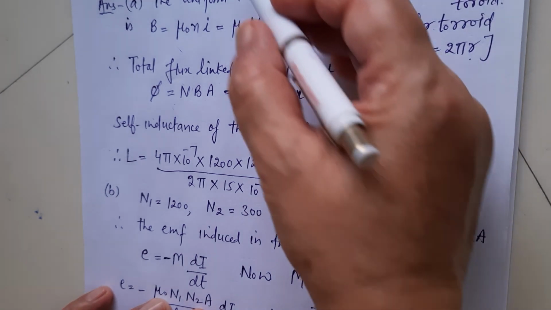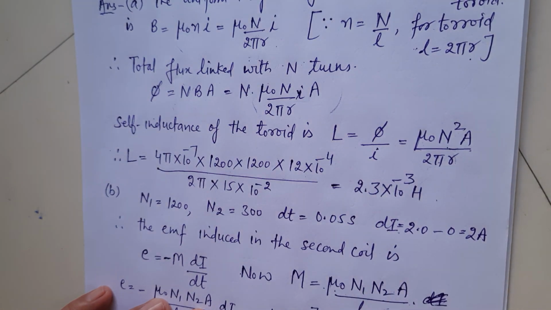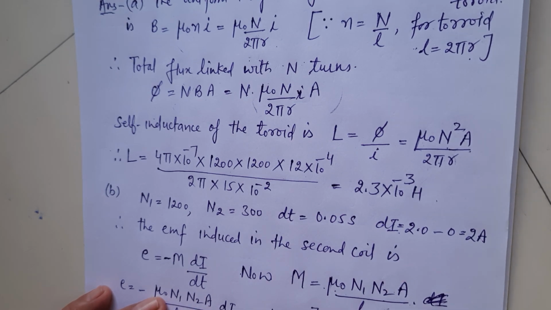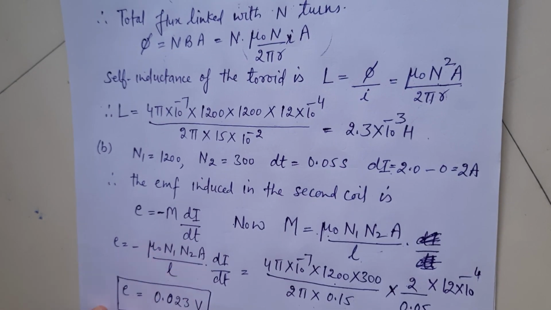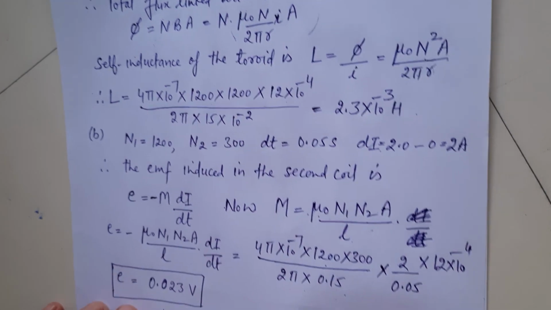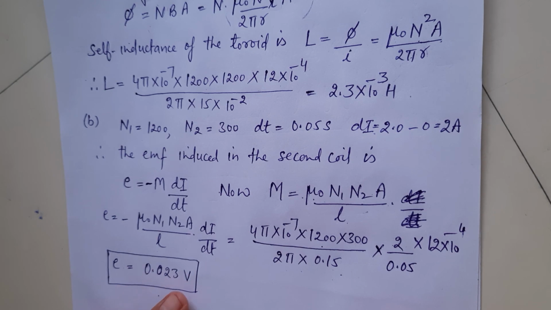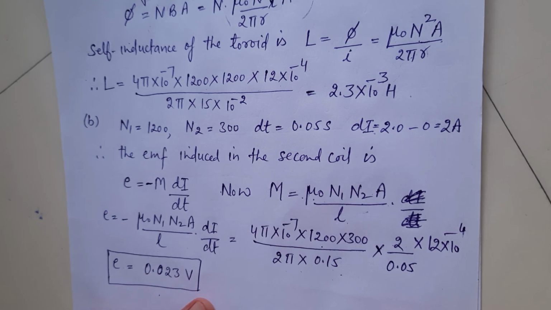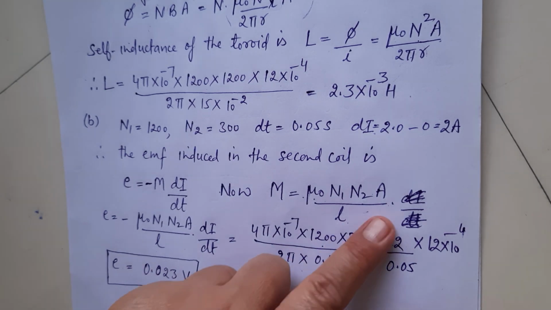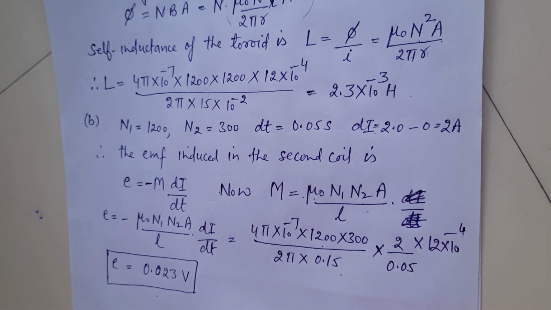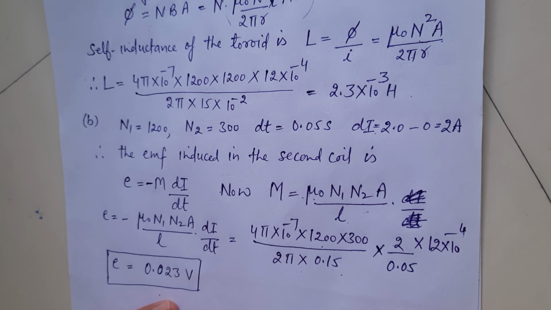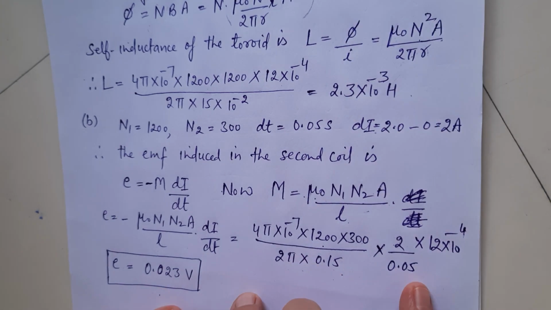We will take area 12 centimeter square, 12 into 10 to the power minus 4. So after multiplying all these values, we will get E is equal to 0.023 volt.